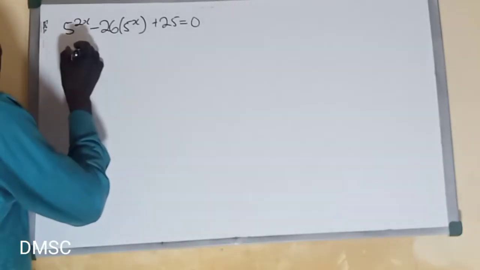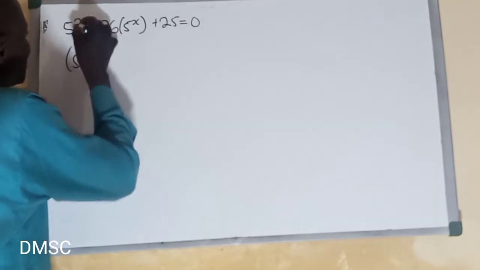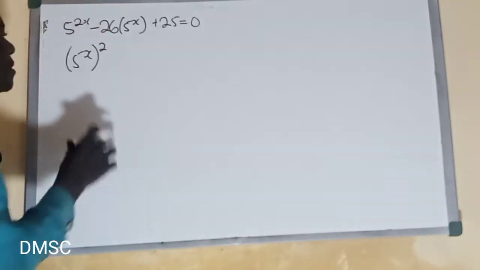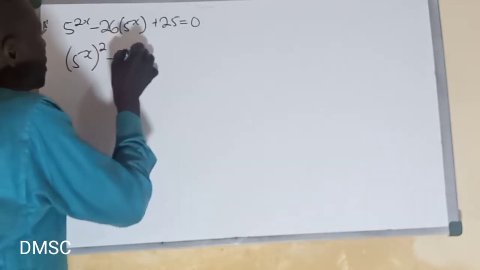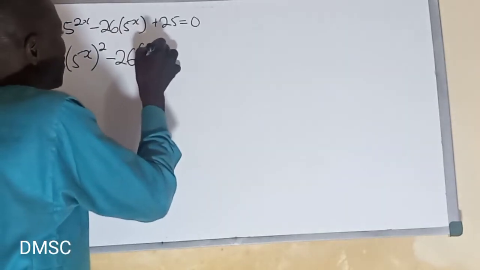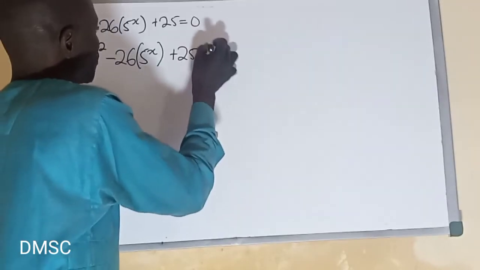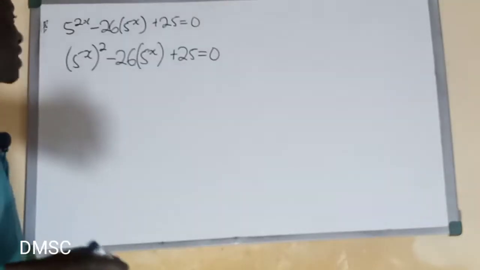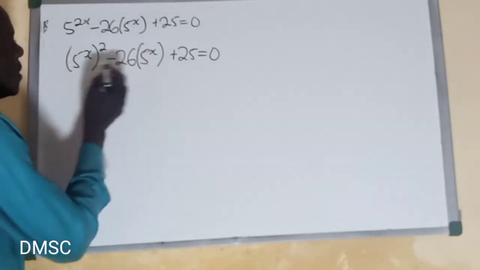So we rewrite this equation as (5^x)^2 − 26(5^x) + 25 = 0. From here, we have 5^x, which is common here.